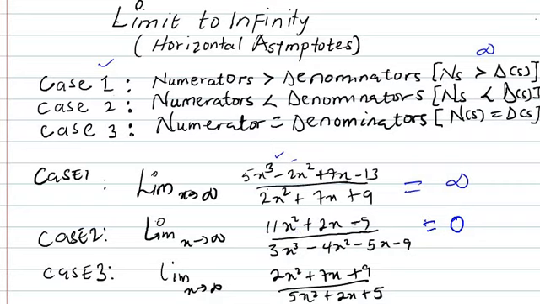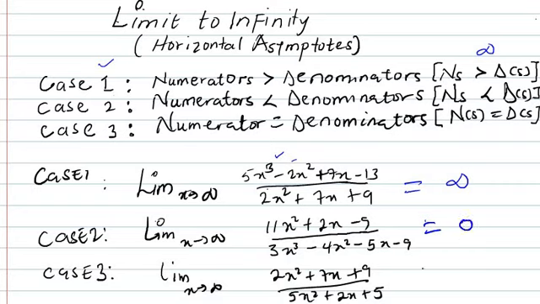On the numerator side we have the highest degree as 11x squared, and in the denominator we have 3x cubed. The highest degree is x cubed, so the denominator grows faster and is greater than the numerator. So in this case the answer is equal to 0.